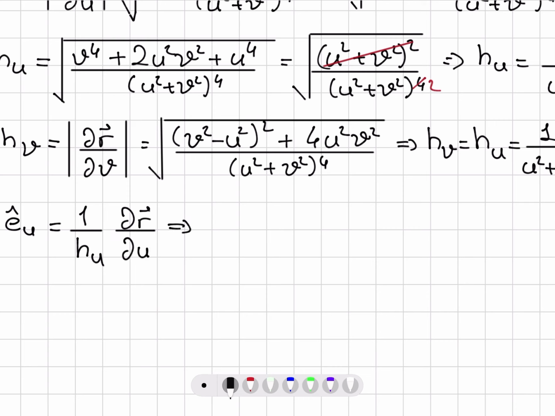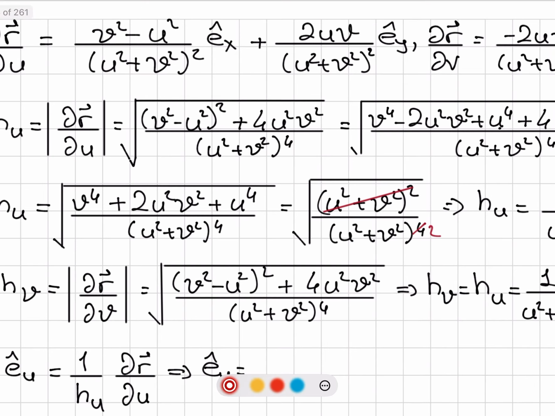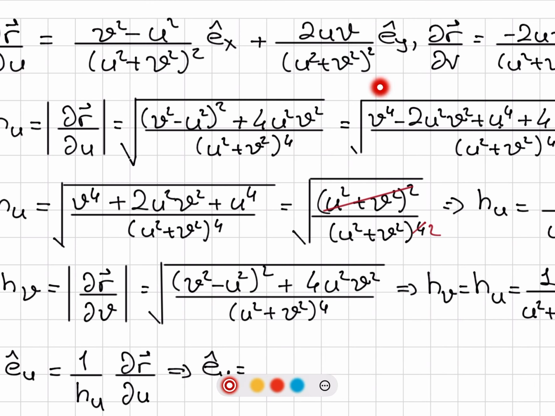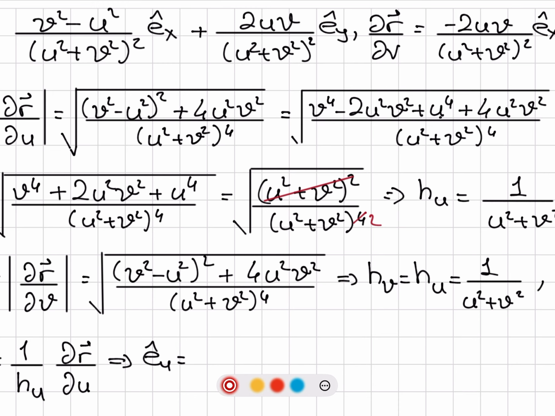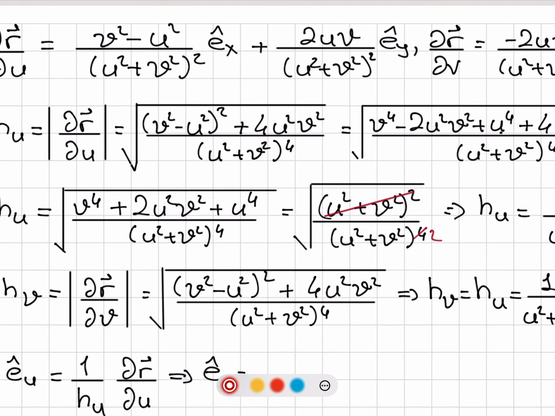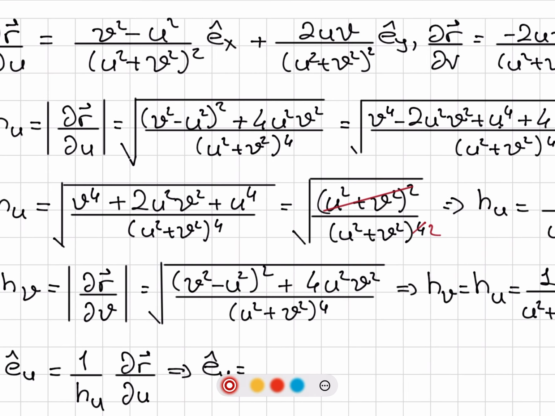And this gives me, for EU hat, I'm looking at del r del u, which is this guy, and I'm dividing it by 1 over u square plus v square. So that means I'm multiplying both of these terms with u square plus v square. One of the squares will cancel.